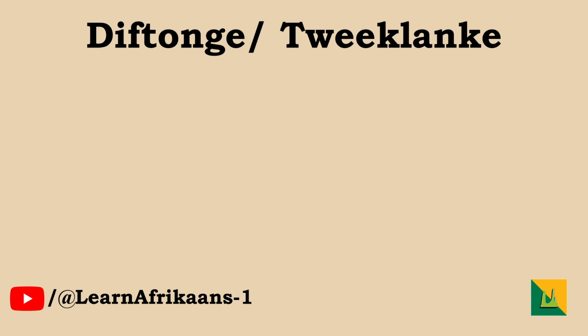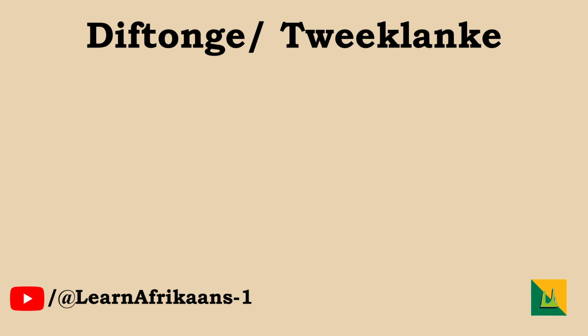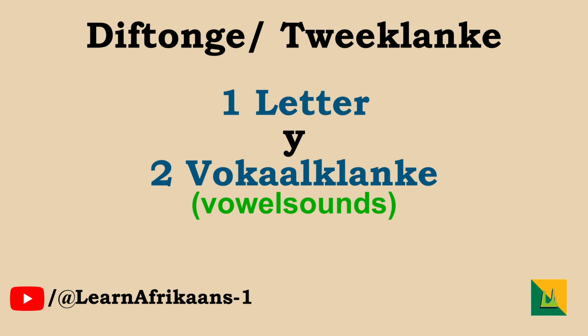Examples of Diftonge, Tweeklanke, include ai, oi, ooi, ui, oei, eeu, and y. It is important to make a note of y. It might be confusing because y is only one letter. However, it still consists of two vokale klanke, two vowel sounds, being e and i, ei.